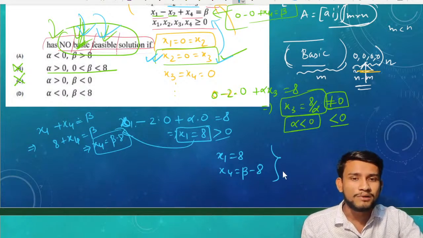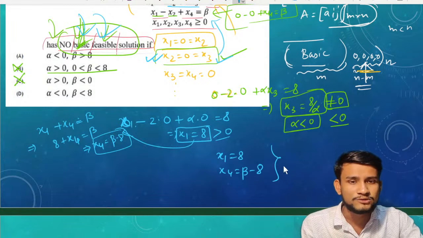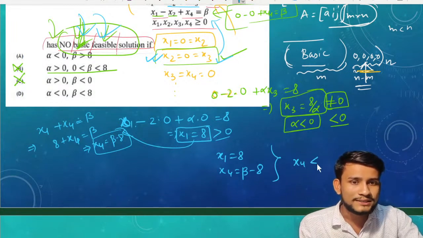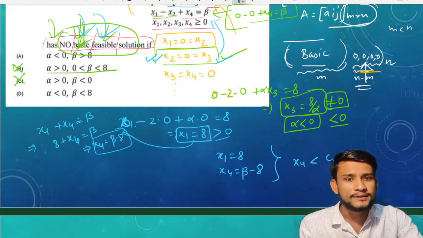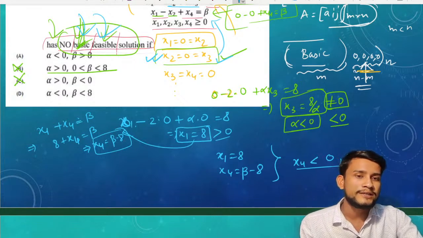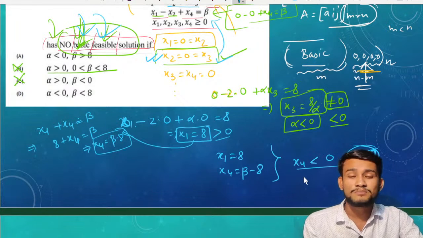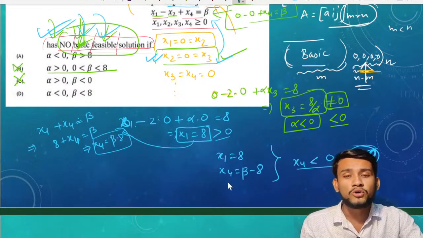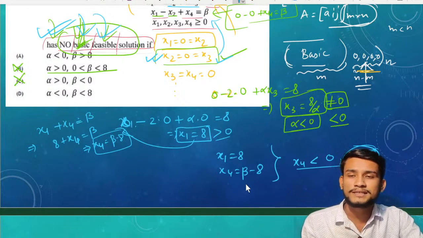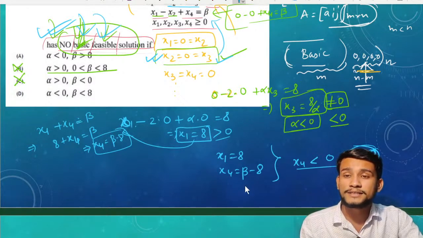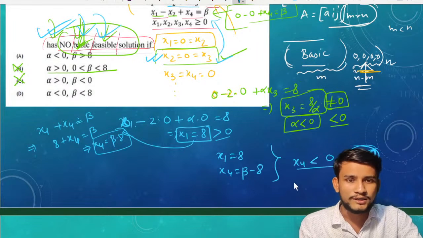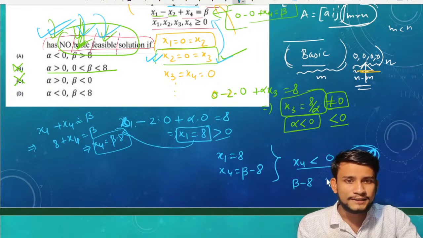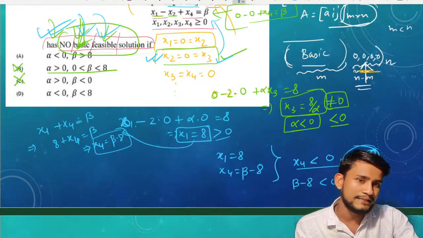That means this must not satisfy the non-negativity condition, so x4 must be less than 0, because greater than or equal to 0 is the non-negativity condition. That's why this has to be a no basic feasible solution. So beta minus 8 is less than 0, that means beta is less than 8.